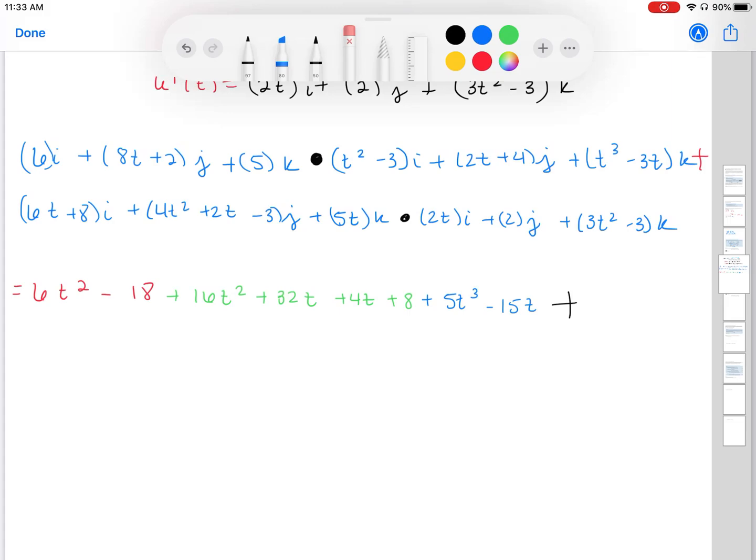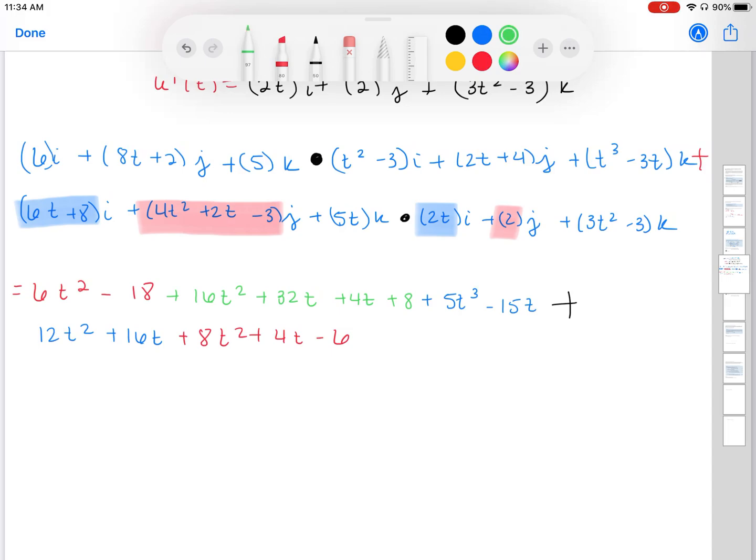All right, so first we have our i's, 6t plus 8 dot product u of t. That gives us 12t squared plus 16t. Our j's, let's multiply those so that we have 8t squared plus 4t minus 6.